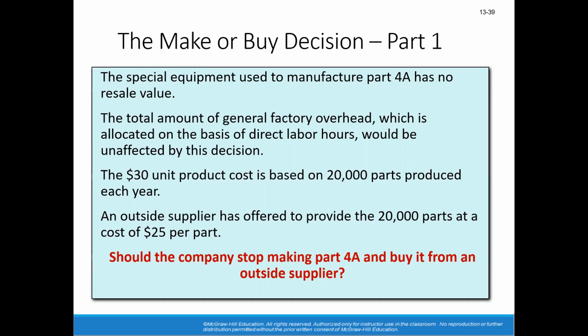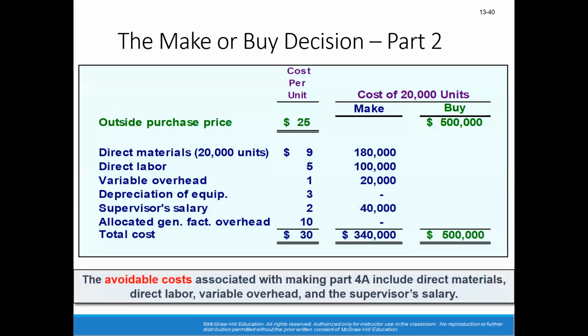The $30 unit product cost is based on 20,000 parts produced each year. And outside suppliers offer to provide the 20,000 parts at a cost of $25 per part. Should the company stop making part 4A and buy it from an outside supplier? Well, here you see the various items here.